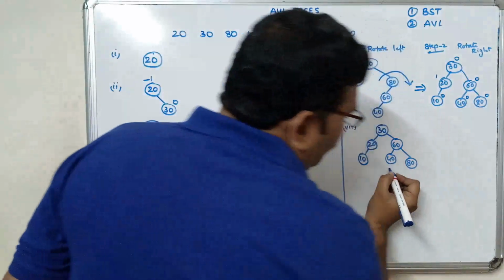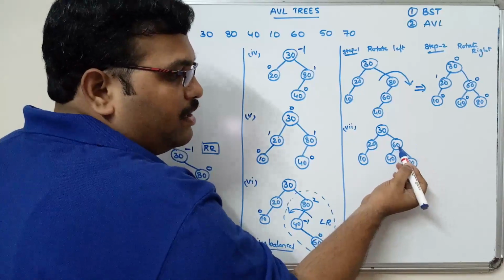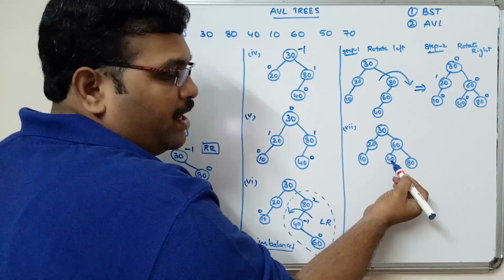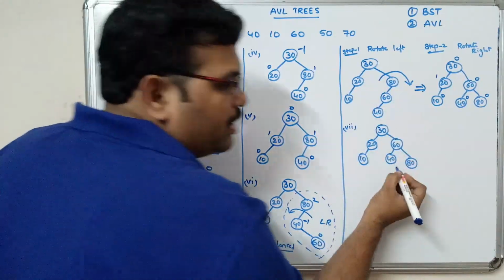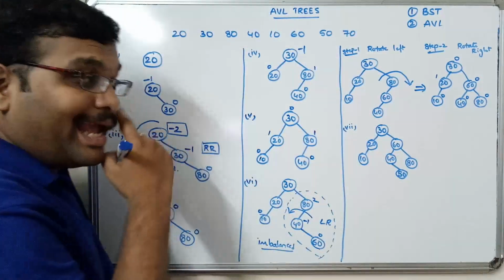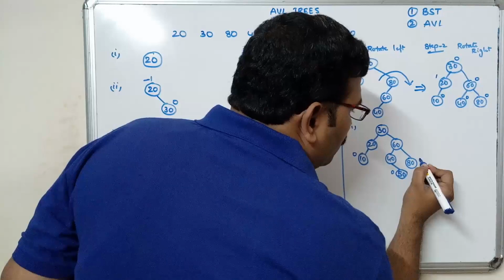If you insert 50, 50 is greater than 30, so it should be on the right subtree. 50 is less than 60, it should be on the left subtree, and 50 is greater than 40, it should be on the right subtree. Now again calculate the balancing factor. So for the leaf nodes it is 0, 0, 0.